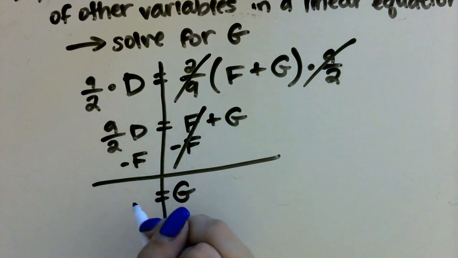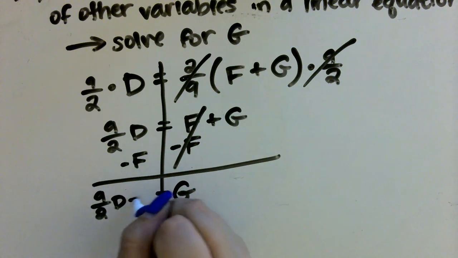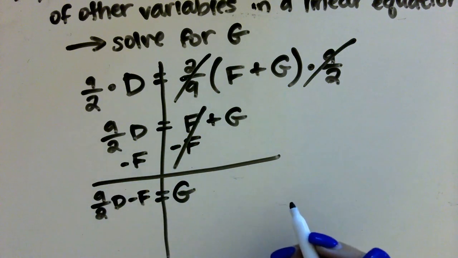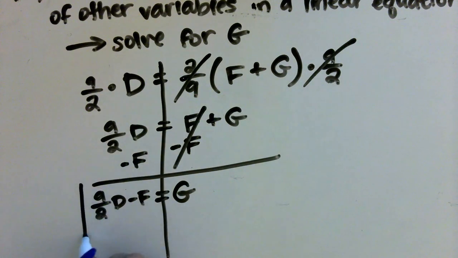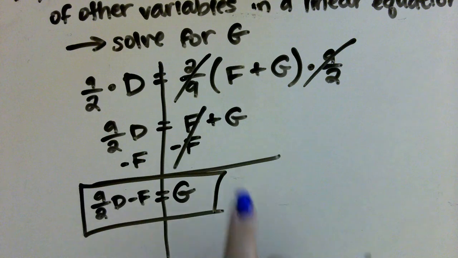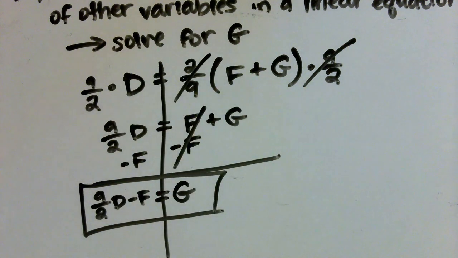And we are left with, on the left-hand side, 9 over 2d minus f. So again, we have solved for a variable in terms of the other variables, including using those opposite operations by multiplying by the reciprocal.